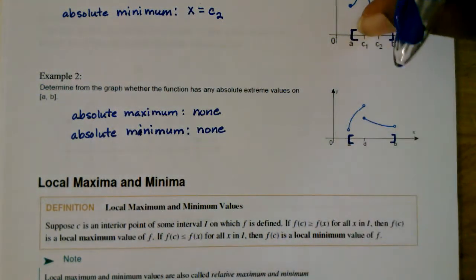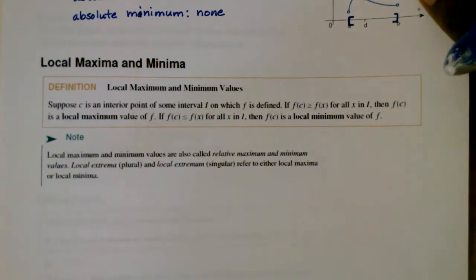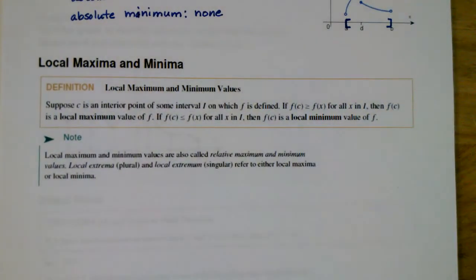All right, now let's look at local maxima and minima. And here's its definition. Suppose C is an interior point of some interval I on which f is defined. If f of C is greater than or equal to f of x for all the x in I, then f of C is a local maximum value of f.